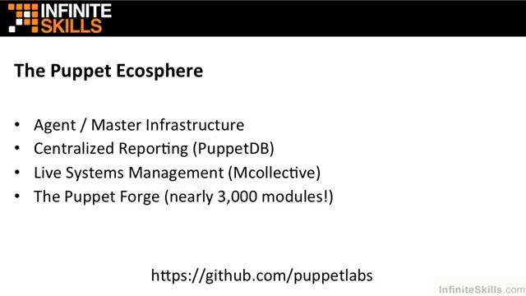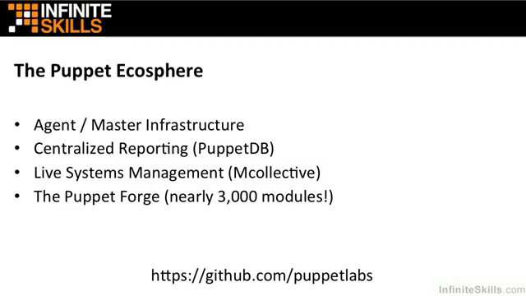The Puppet ecosphere is also a very large and rich set of tools and ways of accomplishing the things that you'd like to accomplish in your infrastructure. The Puppet ecosphere is mainly based around the interactions of Puppet agents and Puppet masters. Agents are the key to doing things in a Puppet environment. A Puppet agent is responsible for maintaining, installing, and configuring software on individual servers and individual compute nodes.